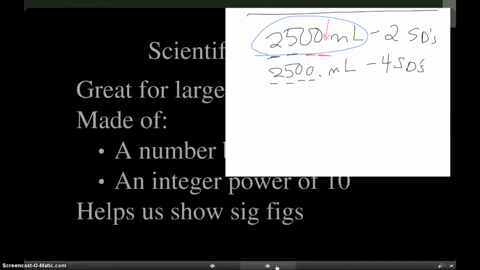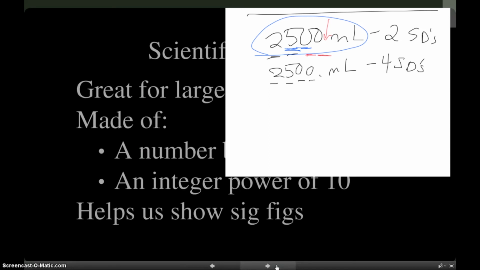Suppose I was able to measure to the, I know for certain the 5, and then this 0 actually is significant. Let's say I estimated that 0 and I need to show that. Well, as it is, there's no way to show it as it's written. What I have to do in this case is put it into scientific notation.